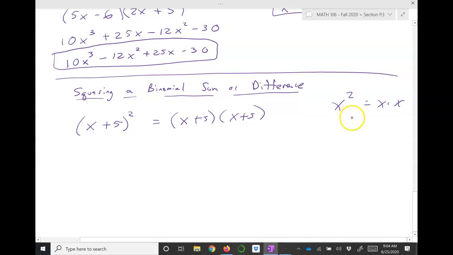In this case, if you see a binomial that's squared, just rewrite it like a FOIL problem and then do a FOIL. So we're going to have x squared. The outer term is plus 5x, inner term is plus 5x, and then the last terms are 25. Now what you'll see in this case is the middle terms here, this plus 5x and plus 5x will be the same, and you'll just add those together.